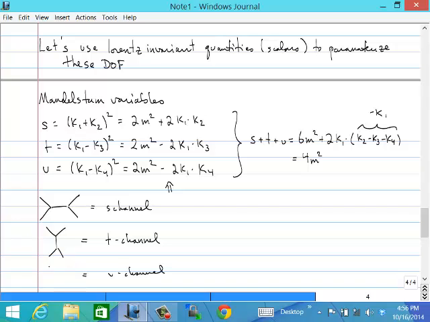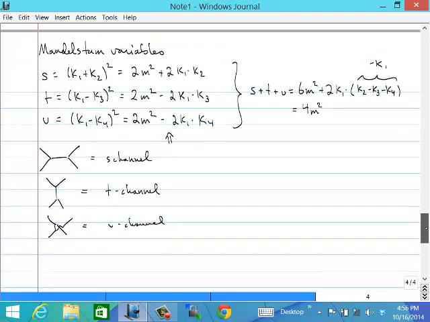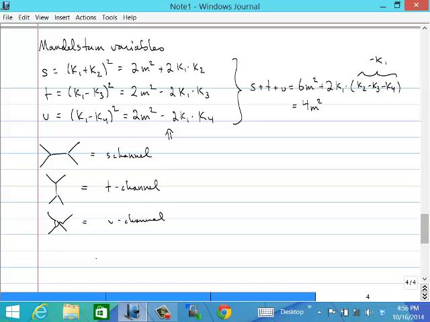Okay. Good. And in general, these variables are very useful not just for the scattering of 4 identical particles with the same mass, but also for 4 particles of different mass.